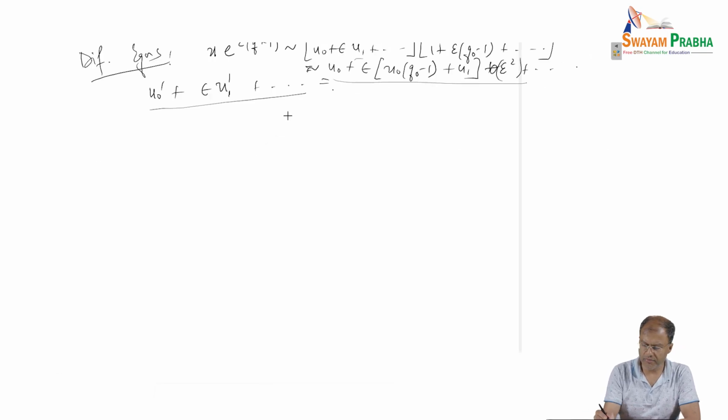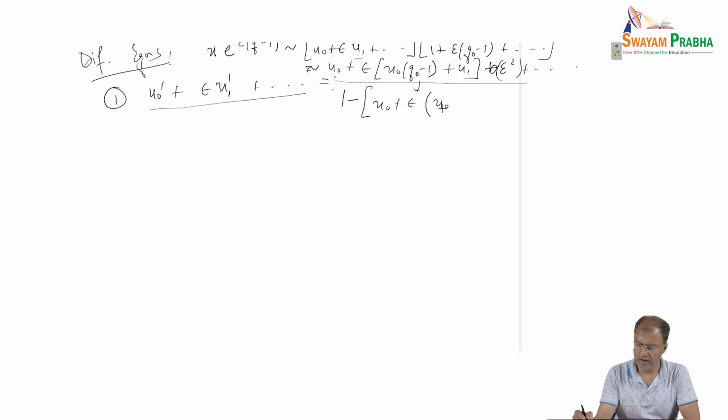So we have that the first differential equation is: left hand side is equal to 1 minus this factor here. So 1 minus u naught plus epsilon times u naught times q naught minus 1 plus u1, and so on and so forth, plus order epsilon square terms and so on.